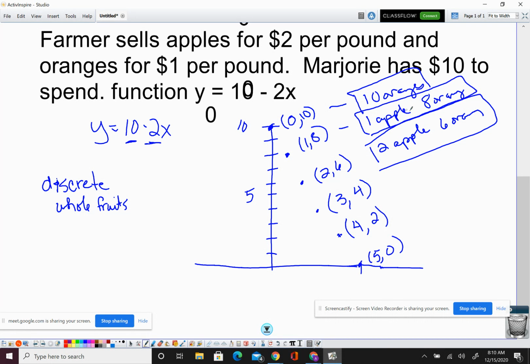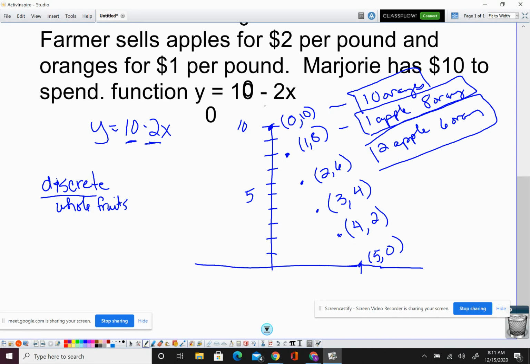We're buying whole apples and whole oranges, and we're not buying a half of an apple and 9 oranges. It's just not going to happen. So this is what's called a discrete graph. So it's the individual points. It's not a continuous line. Continuous is the opposite of discrete.